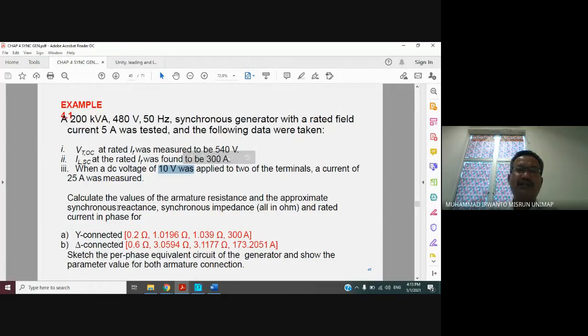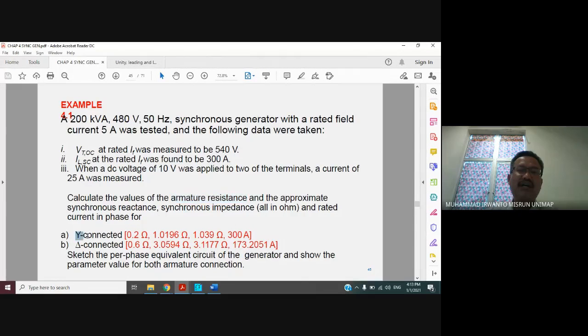Now, if it is Y connected and delta connected, for each connection please calculate the value of armature resistance and synchronous reactance, and also draw the per phase equivalent circuit.